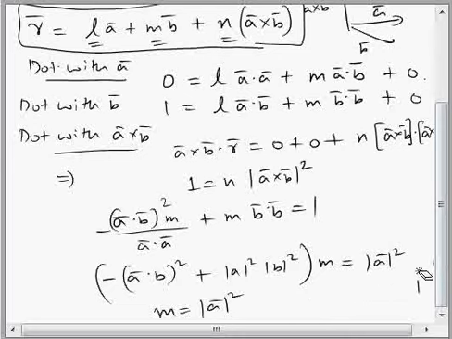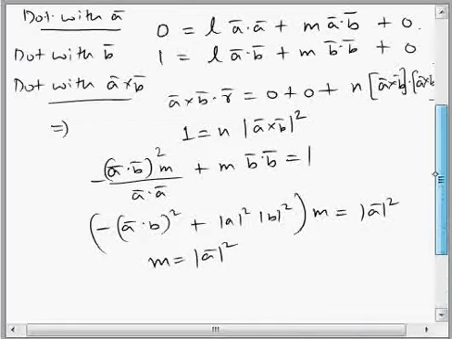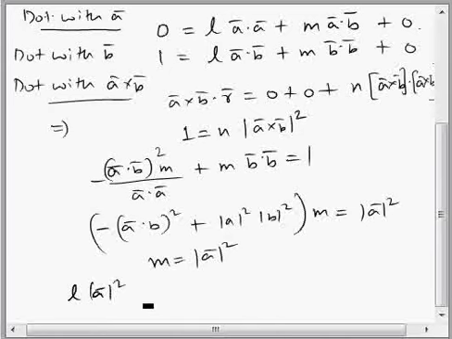If you replace the value of M as mod a square here, that is L into mod a square plus mod a square into mod b square, and so on. So replacing M here, it is mod a square into a dot b equal to 0.